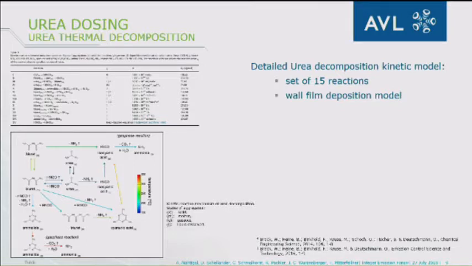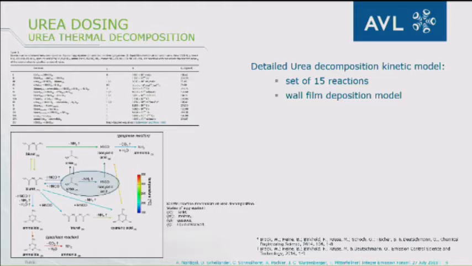And in order to simulate the deposit formation, we need to consider an additional kinetic model in the wall film model. This kinetic model consists of 15 reactions which define which species or components are currently in the wall film, depending on the concentration of water and other species.